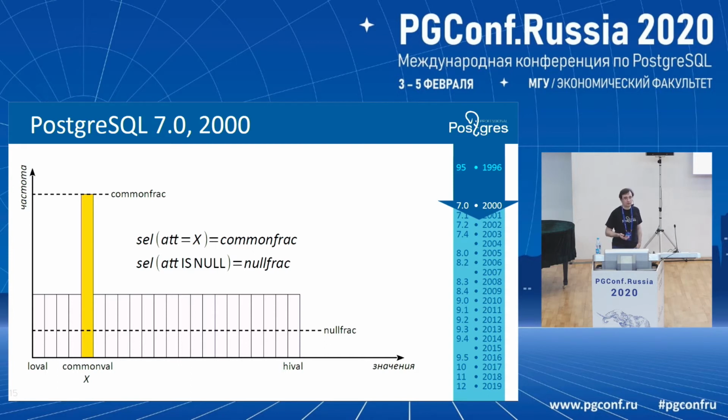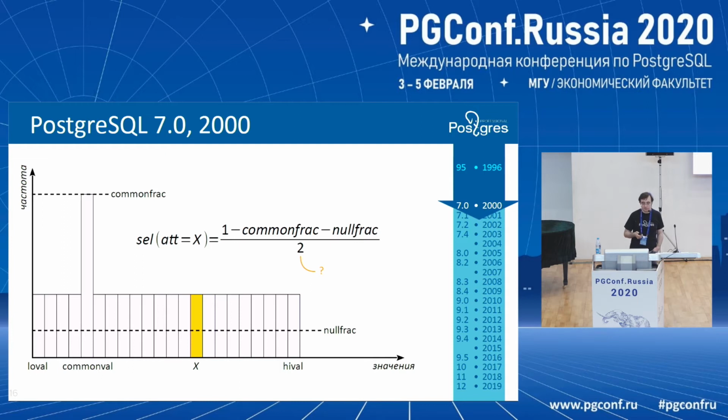How to use it? The share of unequal values allows us to use the selectivity of predicate, which equals to the often value, and we take the ratio from the statistic itself without thinking too much.